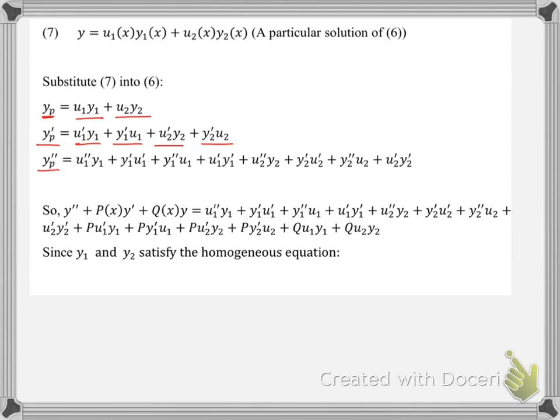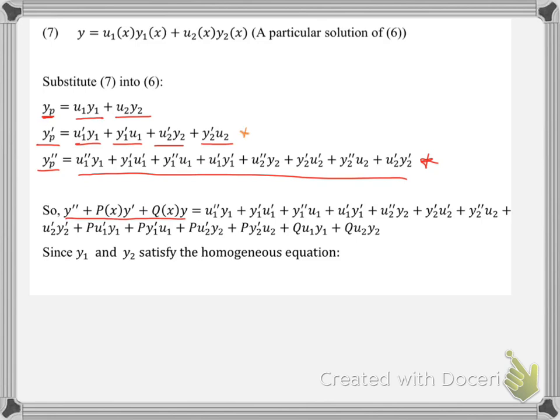And then y sub p double prime. Here you have to be careful. If you wrote this down already, great. If you didn't write this down, I will pause the video. Just make sure you're getting the same answers that I'm getting here. But here we have y sub p double prime. Okay. And so again, looking at 6, we're plugging in. So y double prime will just stay the same, right?